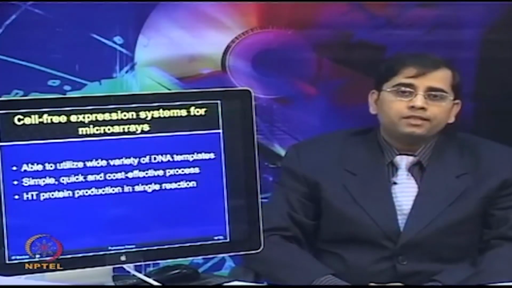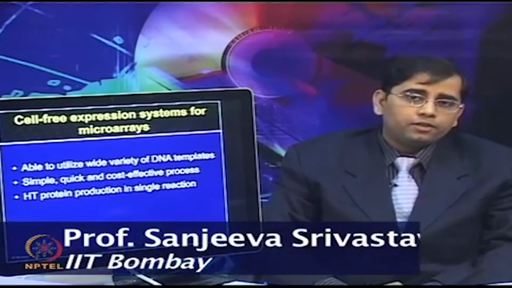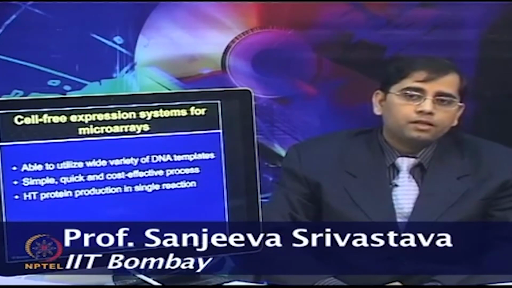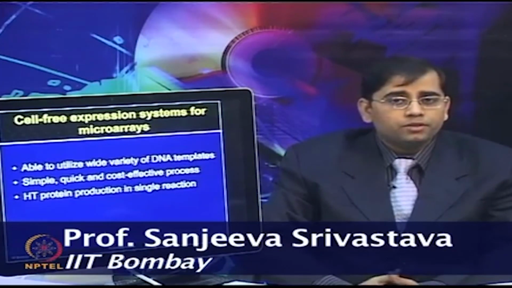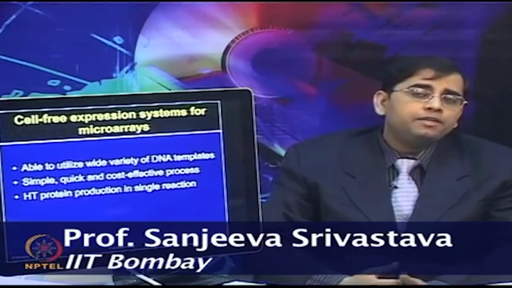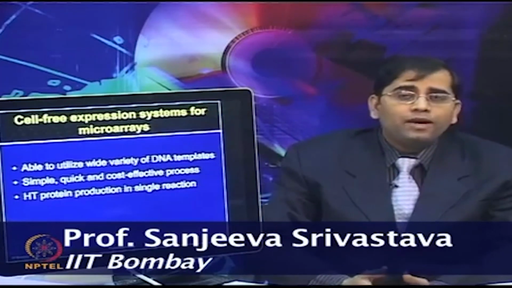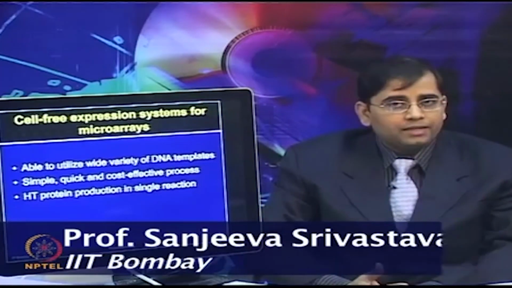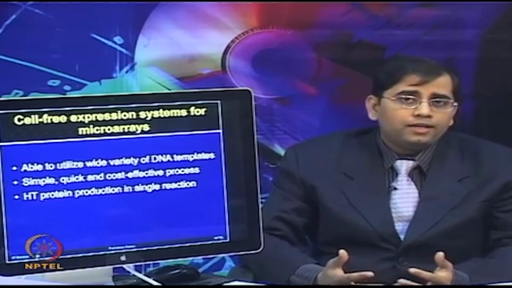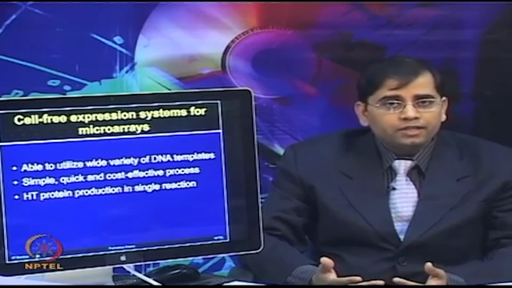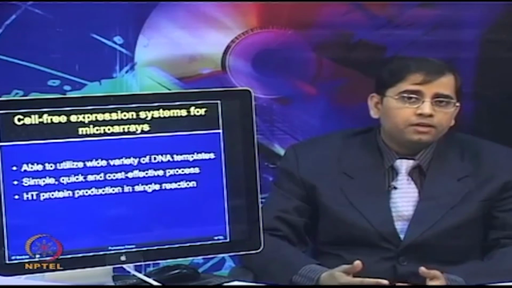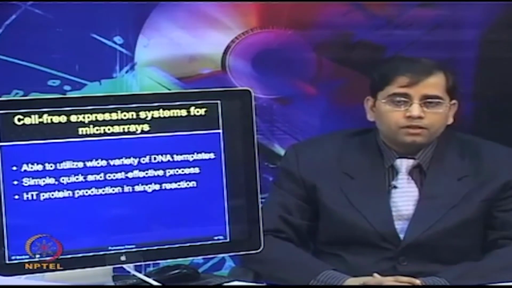So, cell-free expression systems are required for the microarrays, but why can it be used? Because it has the ability to utilize a wide variety of DNA templates. One can make use of all the gold DNA repositories, the master clones obtained from recombinational cloning.